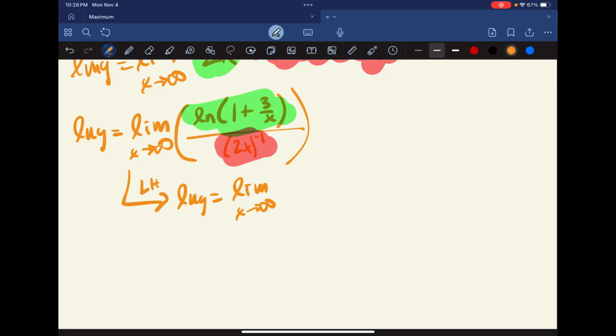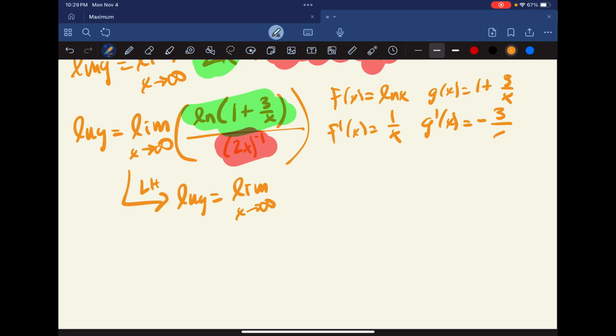So the derivative of ln of 1 plus 3 over x is going to be a chain rule problem where our outside function is ln of x and our inside function is 1 plus 3 divided by x. So the derivative of ln x is 1 over x, and the derivative of 1 plus 3 over x: the derivative of 1 is 0, and the derivative of 3 over x is negative 3 over x squared. I guess that itself is kind of a chain rule problem if you wanted to break it down that way, or just a reverse power rule.